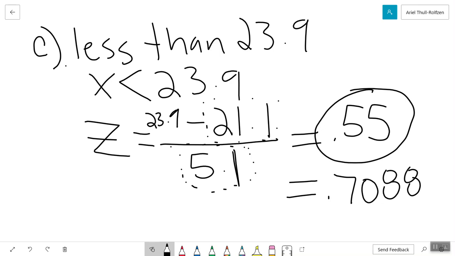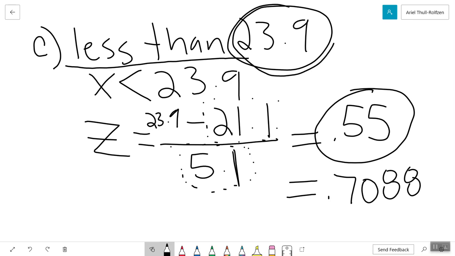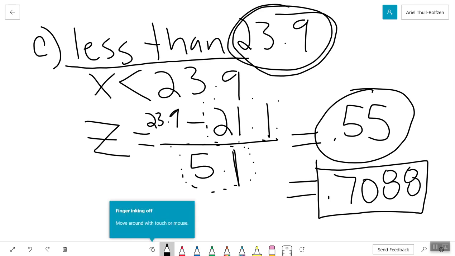Because it's saying less than, and I only have one x value to plug in, I'm done here. I can say that the probability of a student scoring less than 23.9 on their ACT is 0.7088, or 70.88%. Awesome.